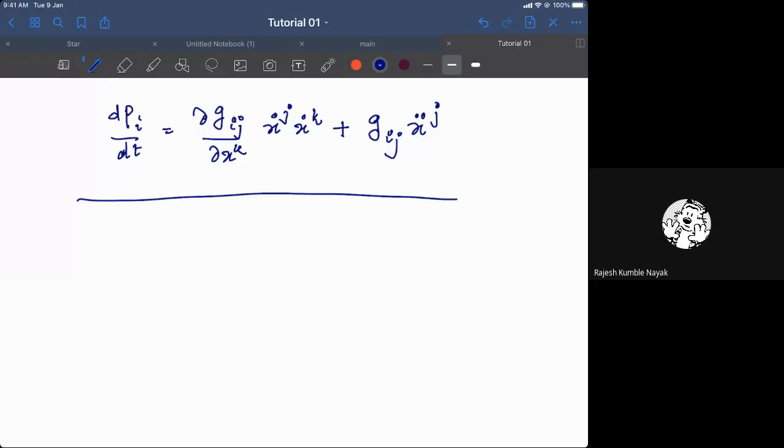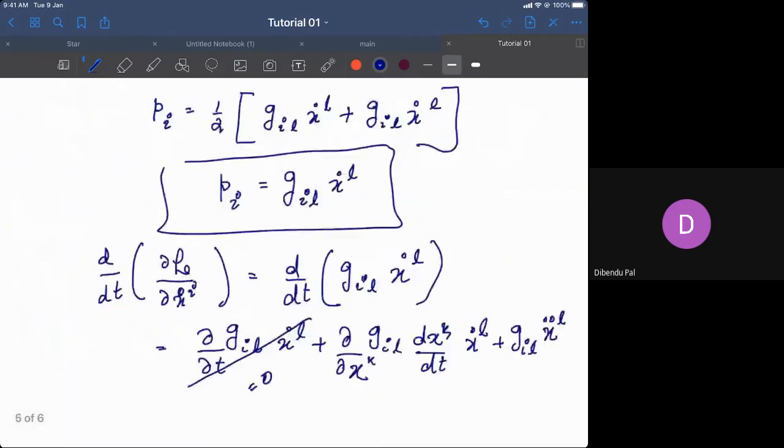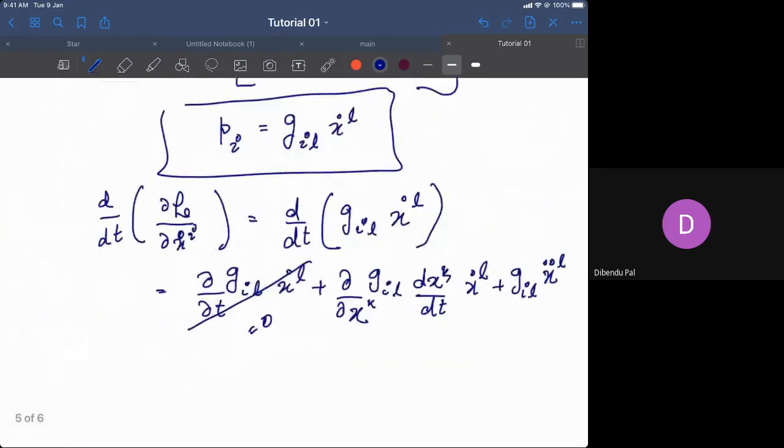Sir, in the first term, there was dx_k/dt, but how does it turn into x dot j? Here, dx_k/dt is a notation, right?